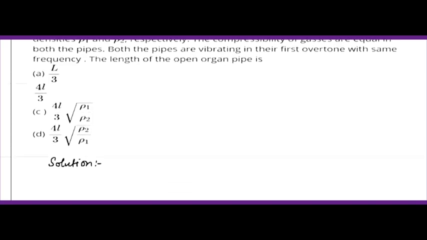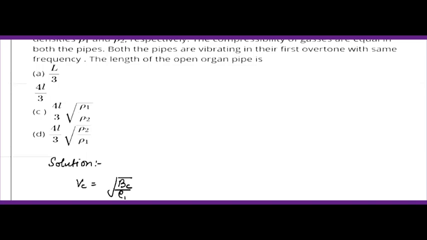As we know, the velocity of the closed organ pipe, Vc, is equal to under root Bc by ρ1.